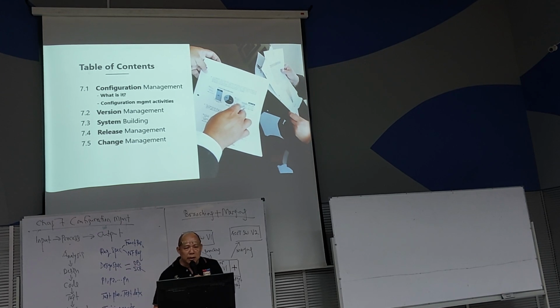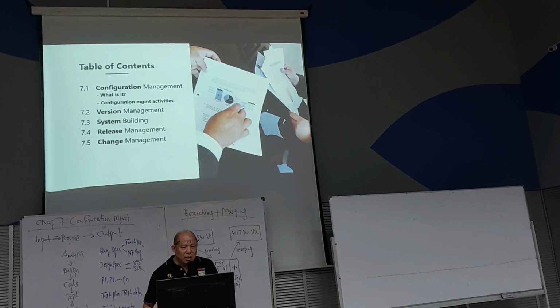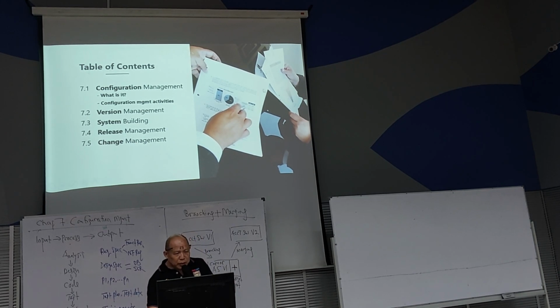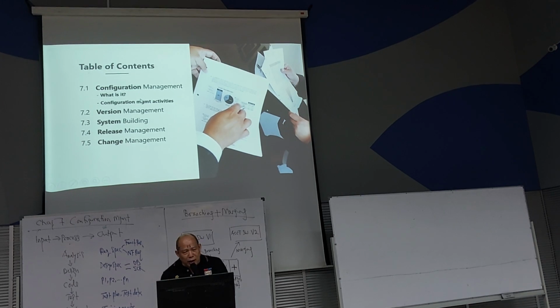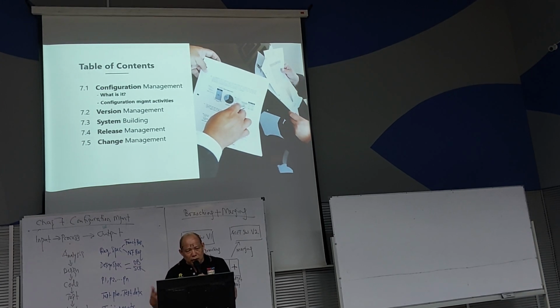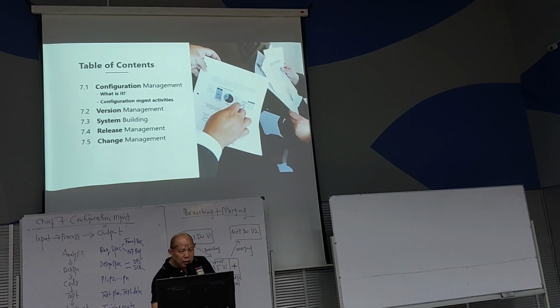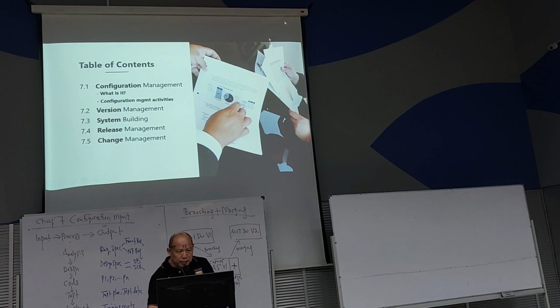Configuration management. What is it? Configuration management activities. So the first part is, what is configuration management? And what are the activities to be carried out in configuration management? Version management, system building, release management, and lastly change management.